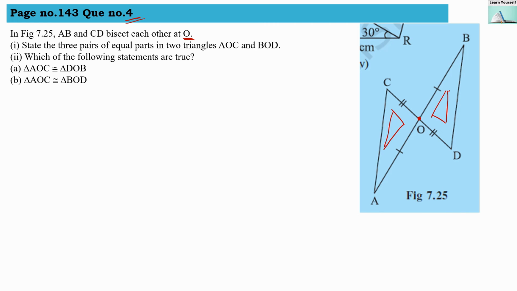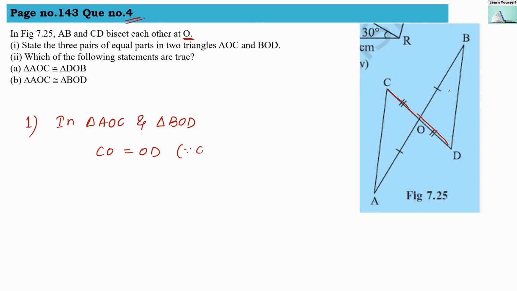So first question's answer we are writing here, that in triangle AOC and in triangle BOD, let us check what all parts are equal here. As per the given figure, CO is equal to OD, and it is given in the figure. Now next is AO is equal to OB, and this is also given in the figure.